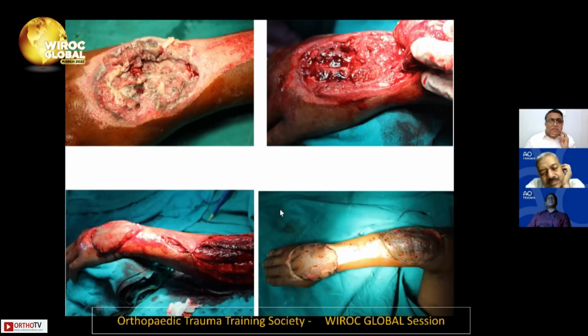A patient with a crush injury over the dorsum of the hand, a comminuted fracture of multiple metacarpals, and the wound was contaminated. The patient came within 8 to 10 hours after the injury.